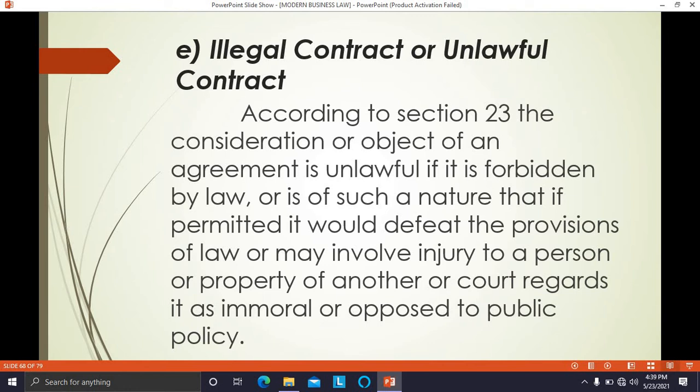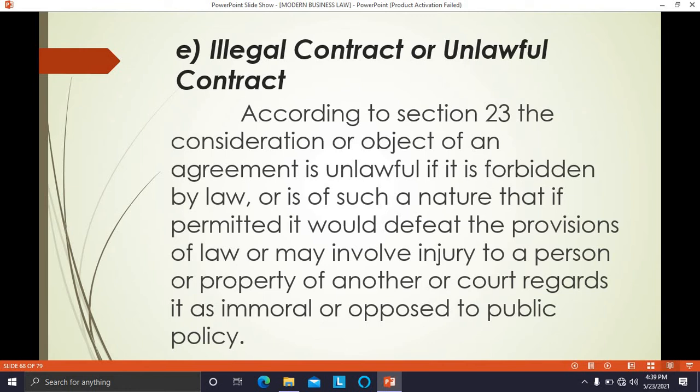Forbidden means prohibited by law, or law opposes that object or consideration. Any agreement whose consideration or purpose is unlawful if it is against the law, or law prohibits it, or it is of such a nature that if it is permitted, it would defeat the provisions of law.